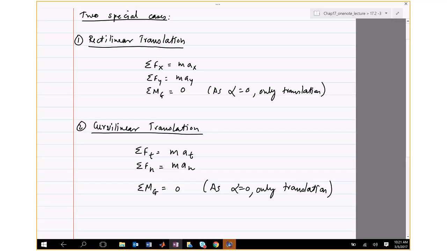And what is a_t? a_t is alpha r, that's going to be 0, and then a_n is omega squared r.